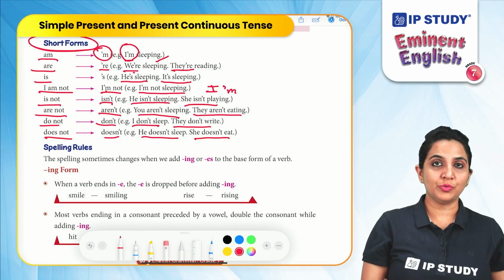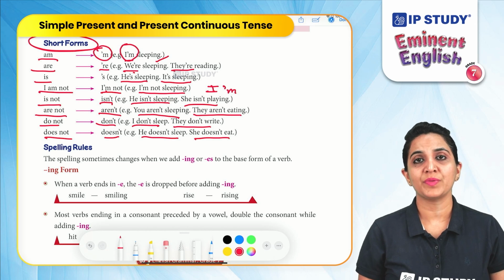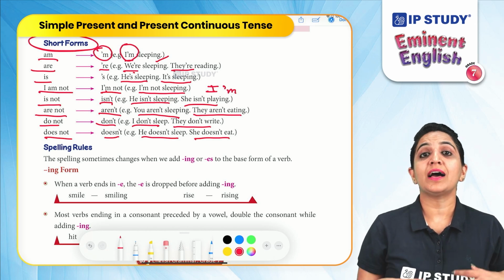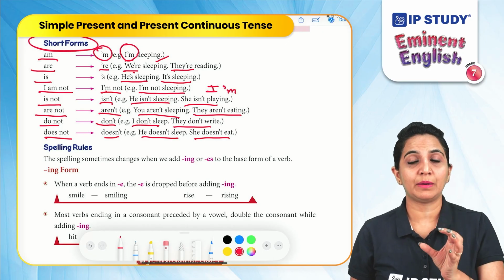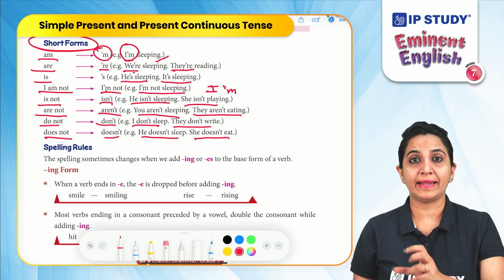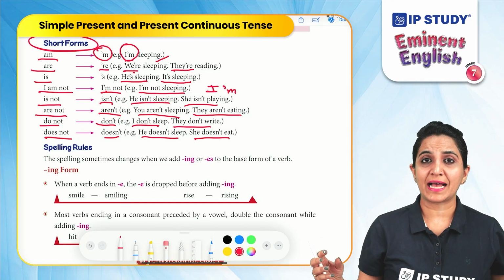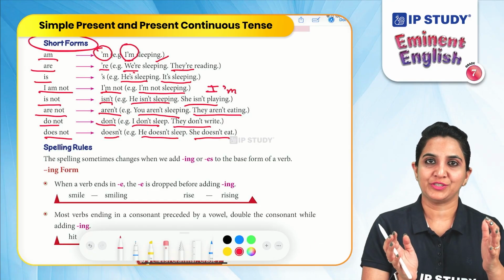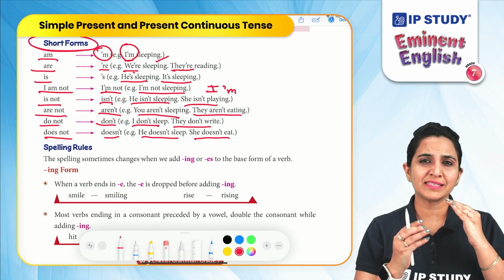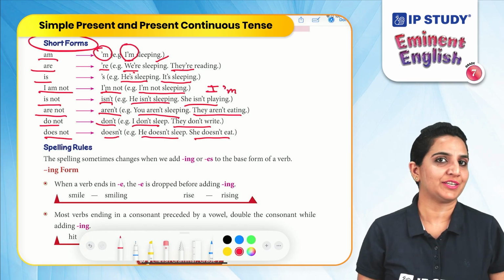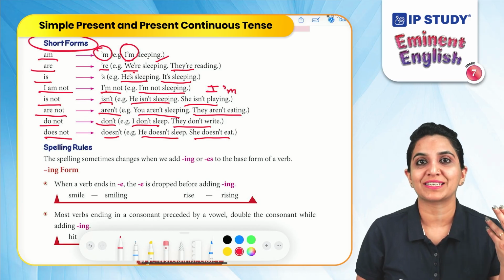So the major use of a short form or contracted form is that it allows us to not repeat the complete helping verb again and again and to not make the sentence longer. So for that we use contractions. There is a slight change of pronunciation as well. Please keep that in mind while using the contracted forms.